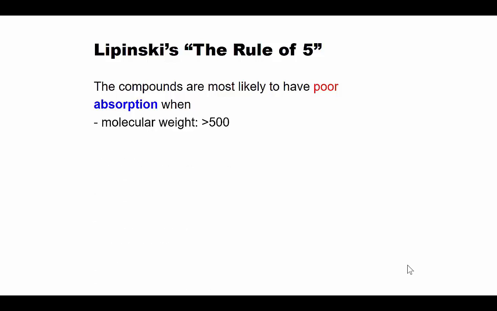First of all, he found that if the molecule's molecular weight is above 500, usually they have poor absorption. They cannot penetrate the membrane. Interesting, isn't it? This is the first time we can start to say good small molecule or drug-like small molecule: the molecular weight limit is 500.